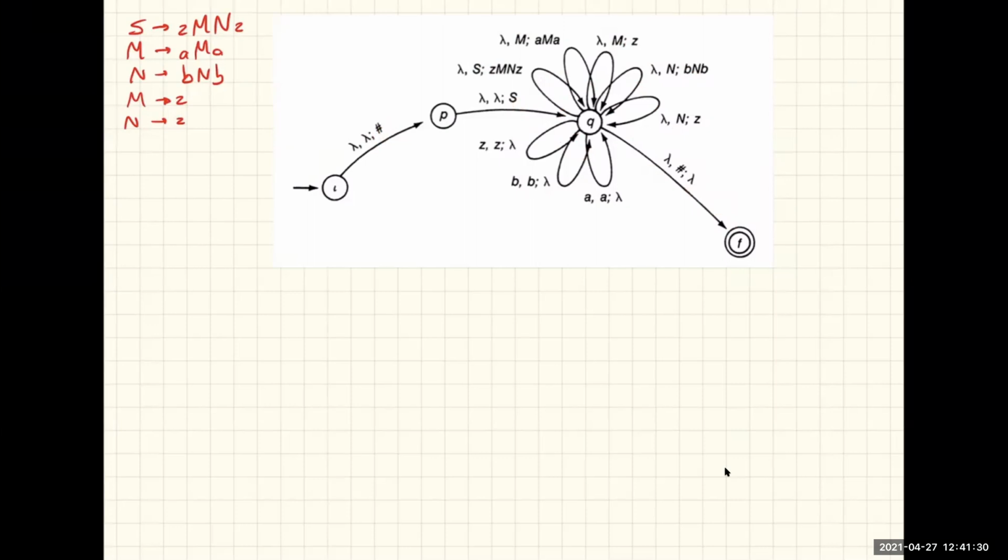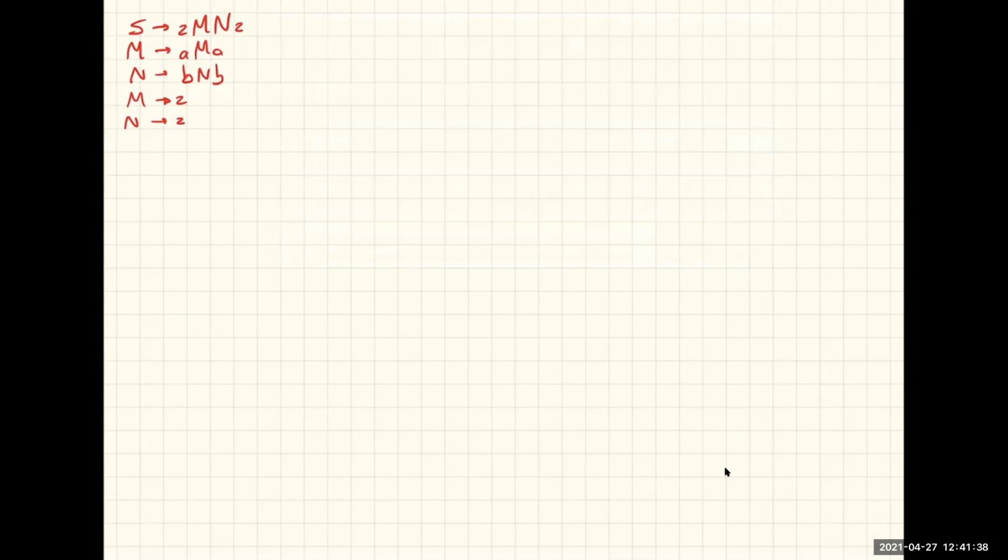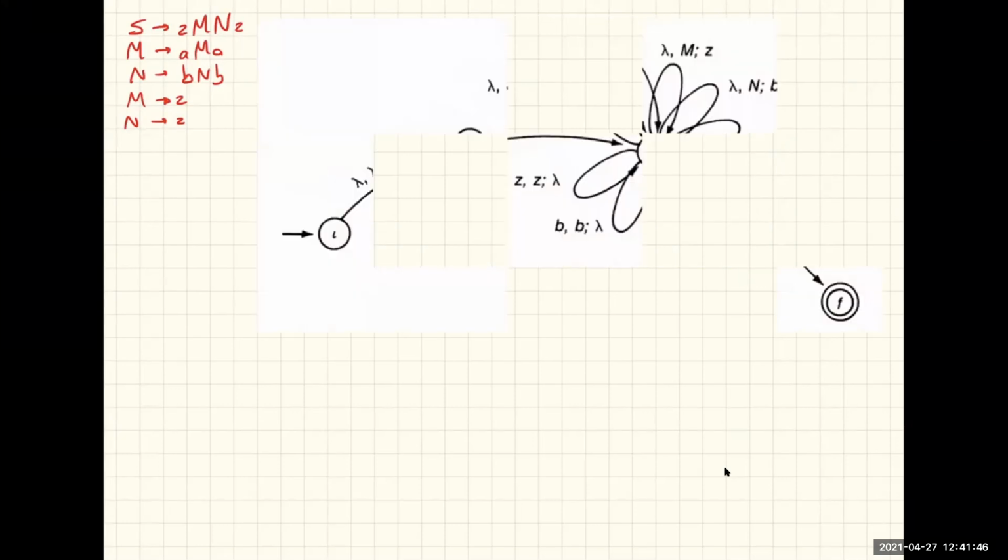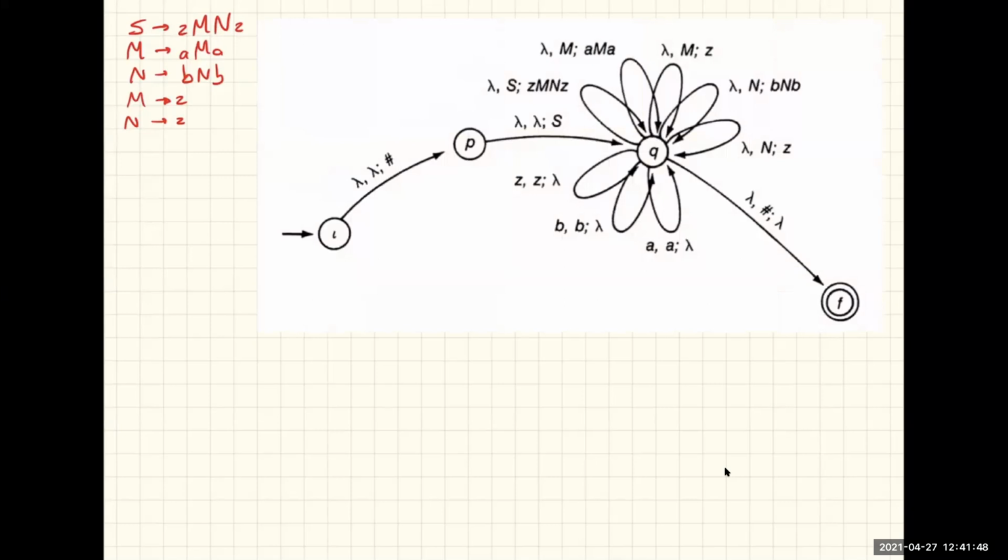What happens if we want to analyze the string Zaza? Let me make this a little bit bigger. We have our string Zaza, and we have our stack here.